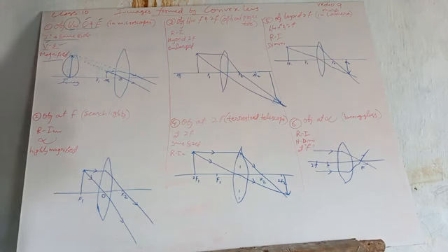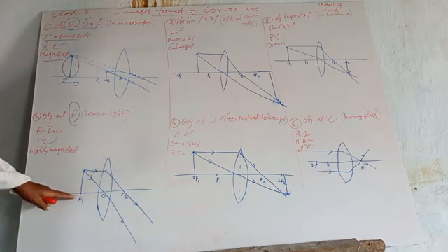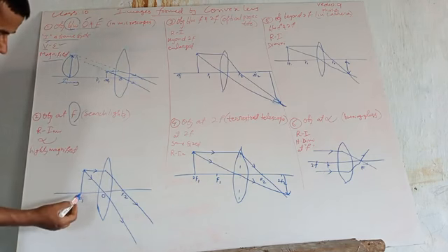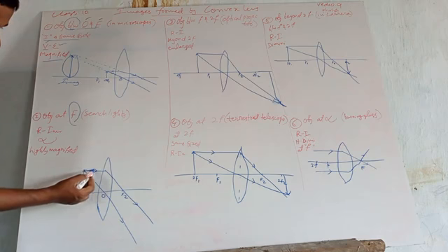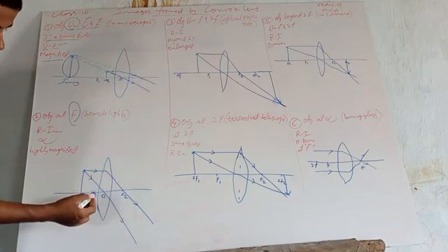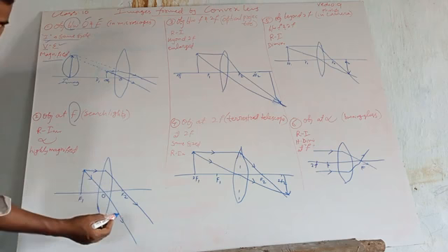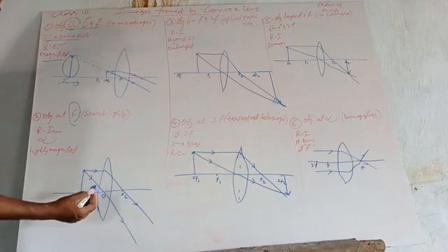Look there. Second, object at focus point F. When the object is at focus point F, where can the image form? Look here, one line is parallel. It is going through the focus of this lens only, the second focus. And here one line is going straight through the center of the lens.